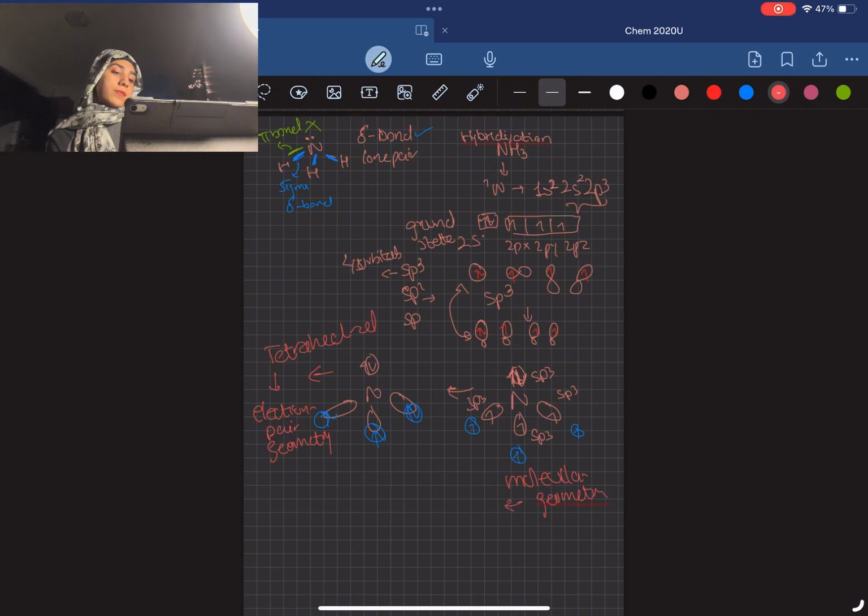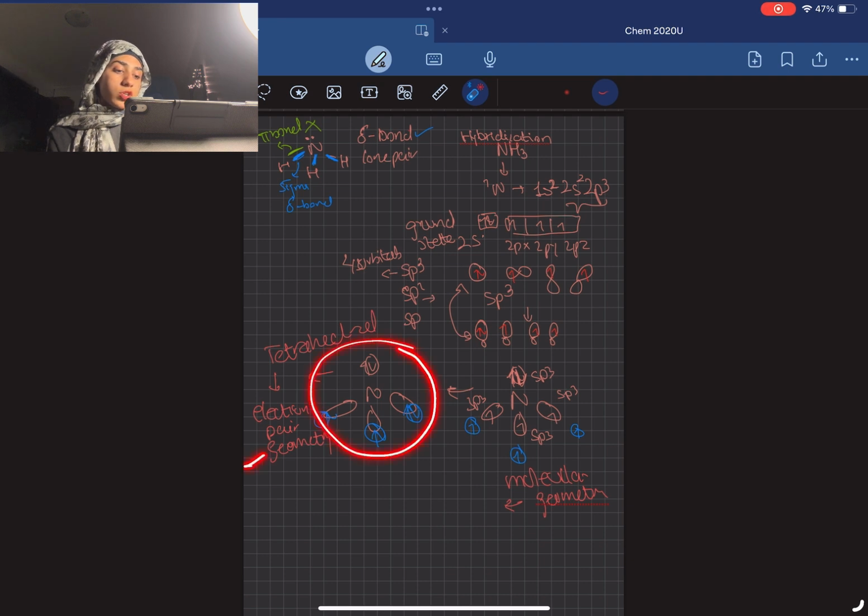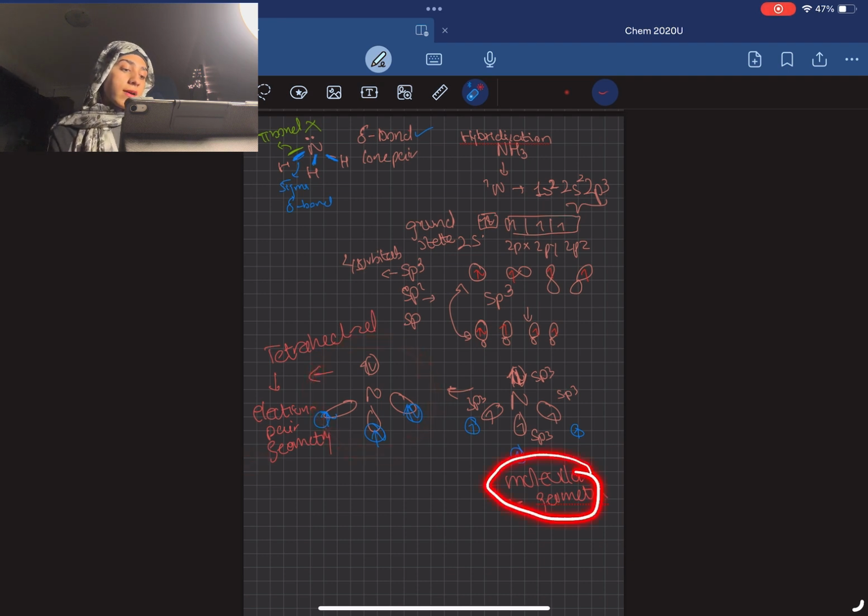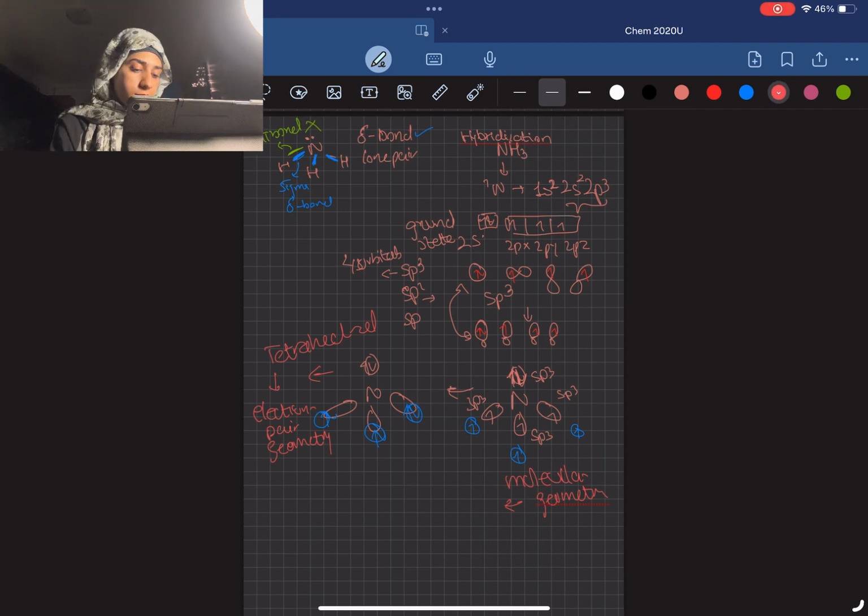If you consider the electron pair geometry, you would call this structure a tetrahedral structure. However, if you consider the molecular geometry, this would be trigonal pyramidal. And how would I show that one? Well, for that, I'll have nitrogen in the center.